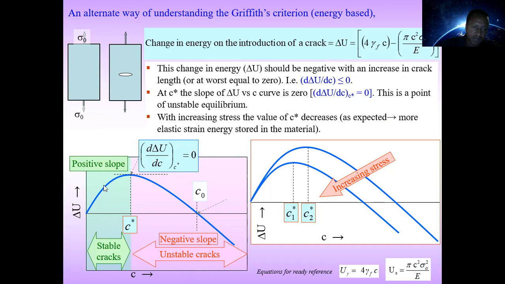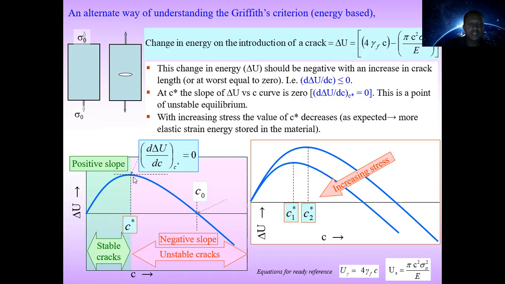Look, it is 0 here. Here it shows a positive slope, and then here it shows a negative slope. In the positive slope region, it is having a stable crack, but in the negative slope region, it has unstable cracks.